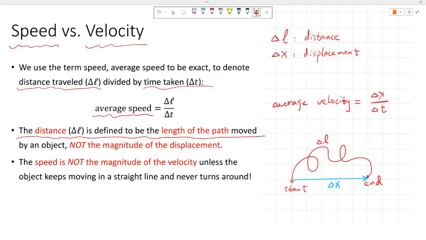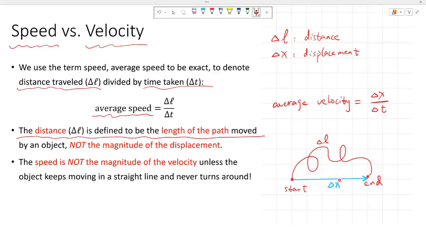But if the object ever deviates from the straight line path, like you see here, taking some crazy path, you know that the straight line distance is the shortest between two points. So therefore, the distance, which is the actual path, the curly path here, must be greater.